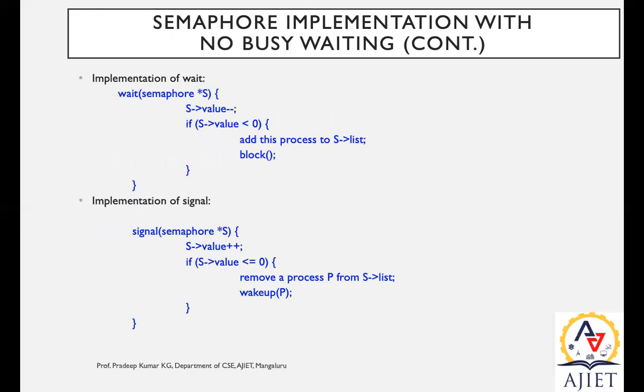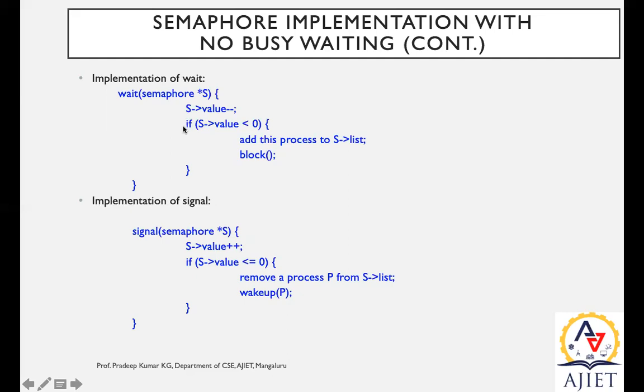So how can we implement wait? Wait is the semaphore with an integer value. We assign the value from the queue, that is S equal to value. Whenever one particular process is allocated to the waiting queue, the value is automatically decremented, so the next entry should be given a chance for the next attempt.